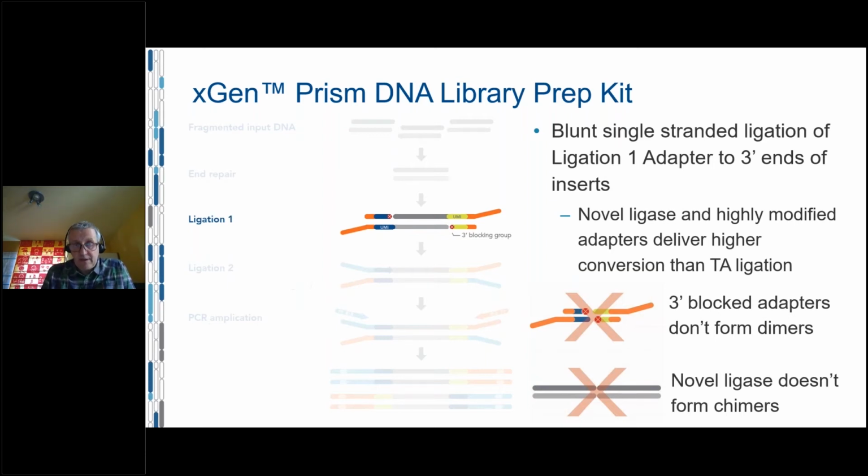This prevents ligation to the 5' end of the insert molecules, but more importantly, because the shorter molecules of the adapter are blocked for ligation, this prevents adapter dimer formation. We prevent chimeras from forming because the original DNA molecules that are in the library prep do not have the modifications that are required by the ligase.